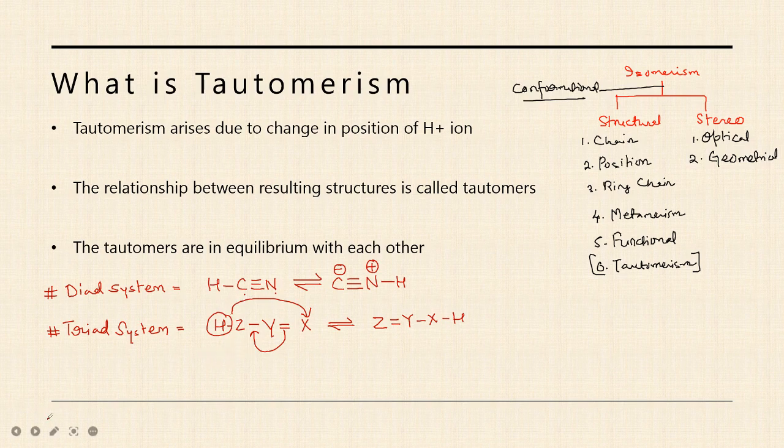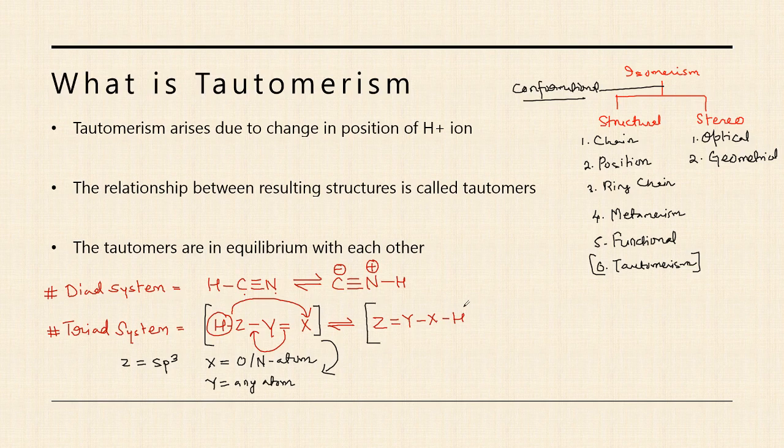So if you want to draw the triad system, which is the most common one, you have to remember that X has to be oxygen or nitrogen atom, Y can be any atom, and Z needs to be sp3. अगर आपने ये वाले फॉर्म को लिया है तो इसमें ऐसा होना चाहिए रिलेशनशिप, और अगर आपने इस वाले फॉर्म को लिया है, then in this case X has to be oxygen or nitrogen atom, Y can be any atom, and Z will be sp2.